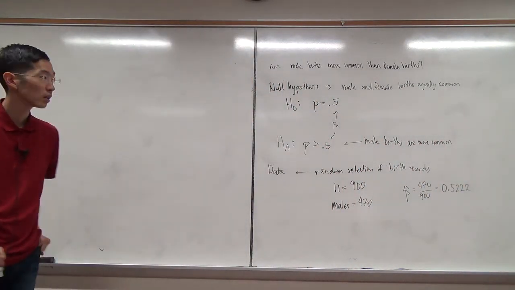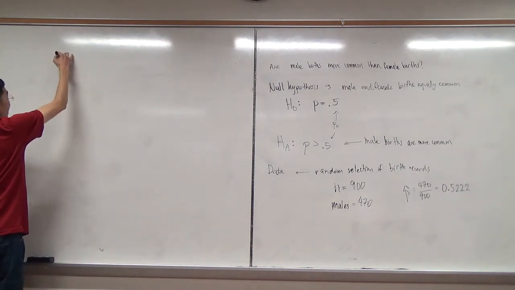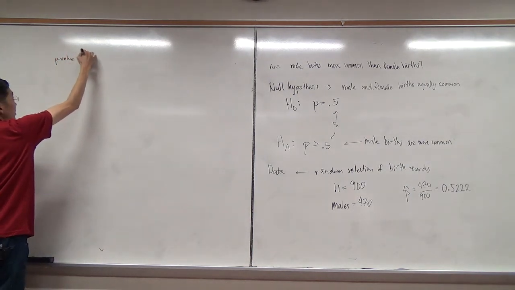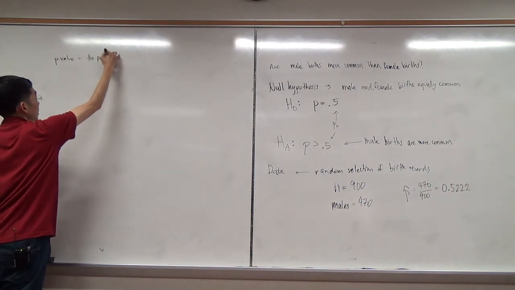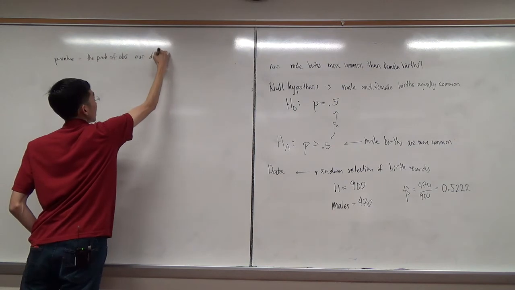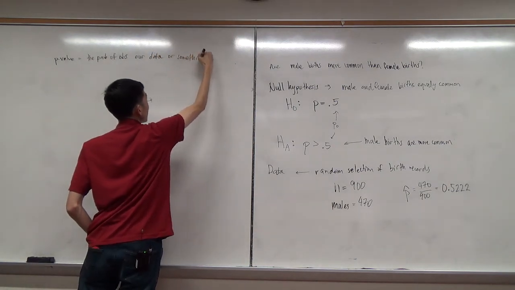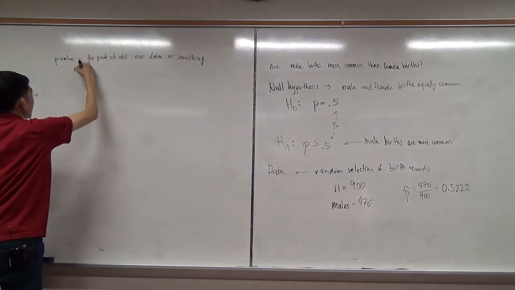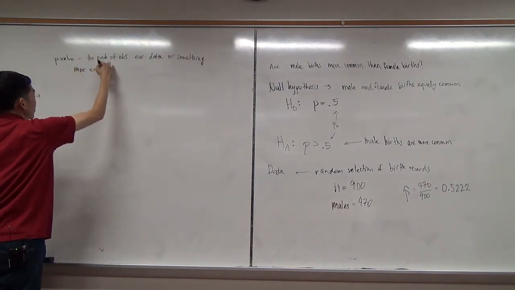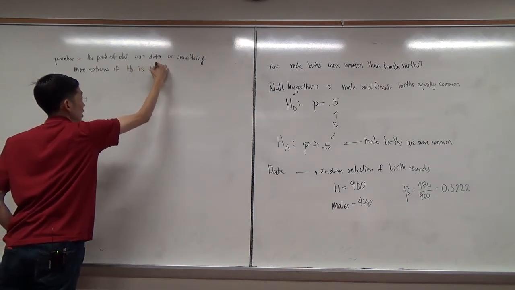Okay. So again, we're looking for our p-value, which is the probability of observing our data, or something more extreme, if the null hypothesis is true.